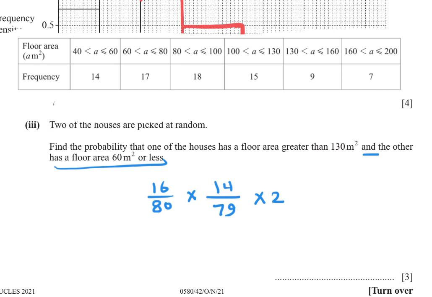Equals 28 over 395. Order does matter means you can choose the house with area greater than 130 meters squared first, or you can choose the house with a floor area 60 meters squared or less first.